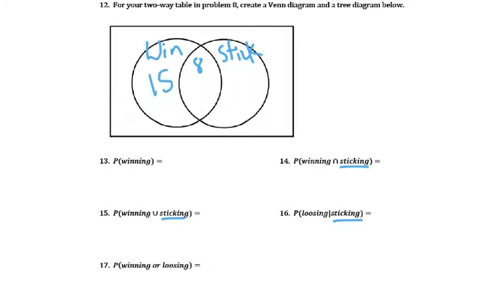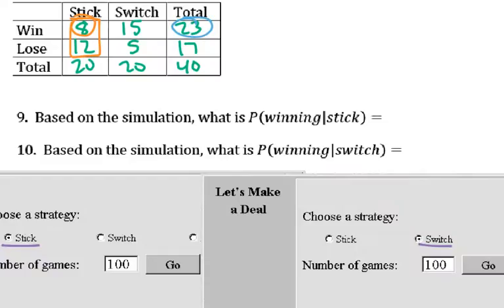Because 15 plus 8 would give us 23. Now sticking, when we didn't win, that was 12. Here we go. That's making more sense to me now. And when we didn't stick, that would be out here. So a total of 40 times. We're kind of combining them, though we're only really talking about the sticking.